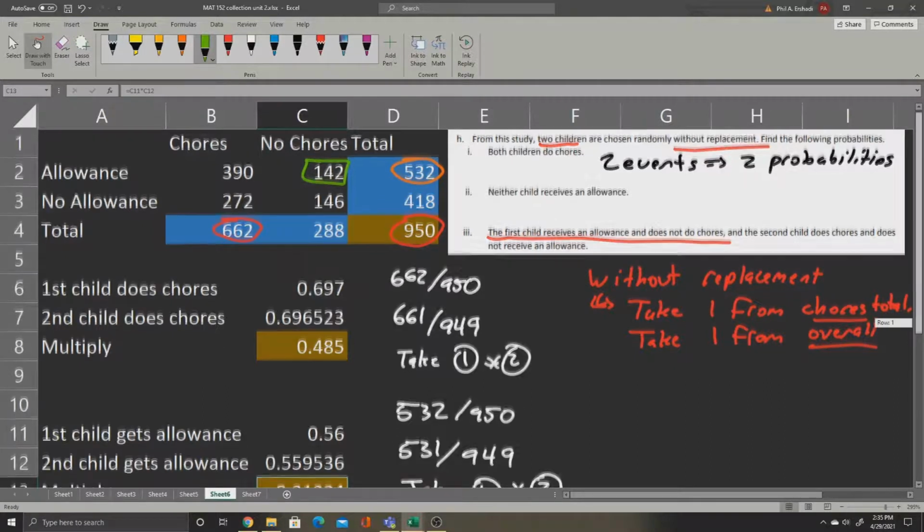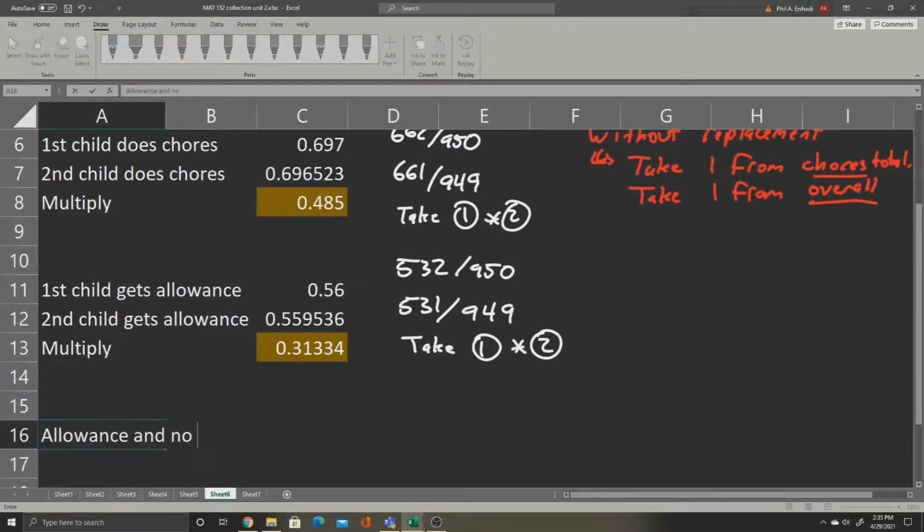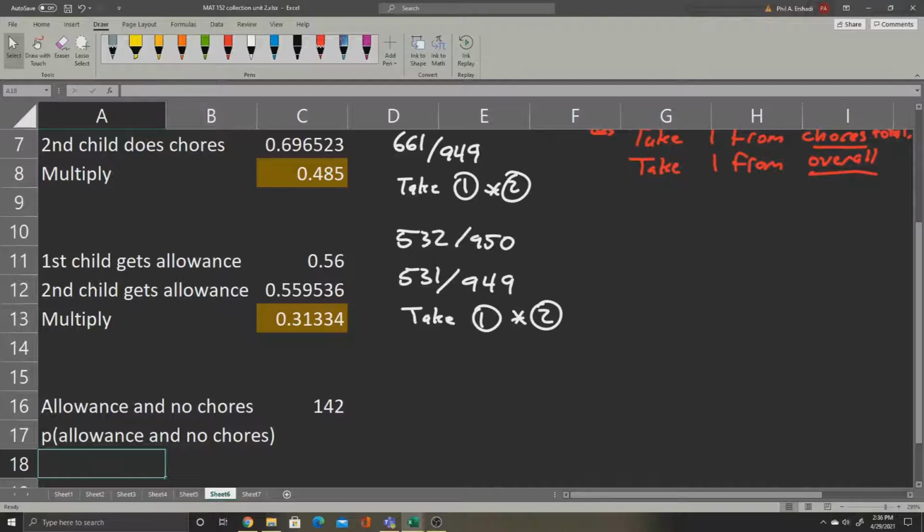Let's record this below. Now we calculate the probability of having an allowance and no chores. Now remember, to find the probability, we take our 142 that we read off the table and divide by the overall total. So we'll divide by 950.